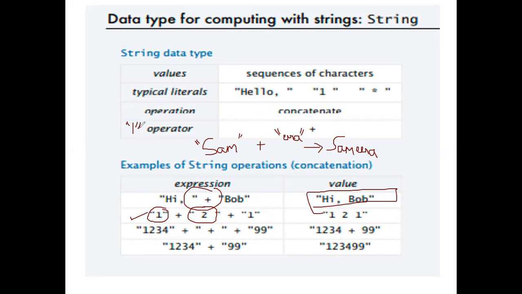So you should never get confused that because there is a plus in between, it's going to generate the output 4. No, it's not going to generate 4. It's going to concatenate, and it's going to generate "121", a whole word, a string that joins the two.